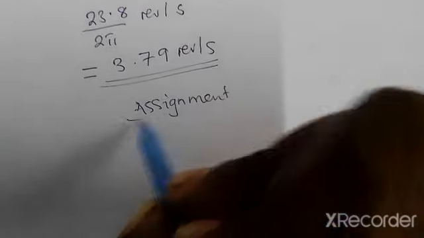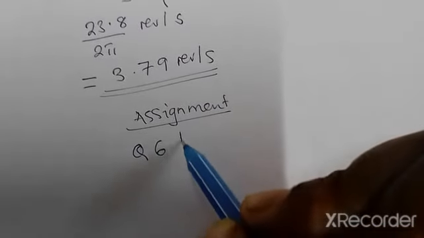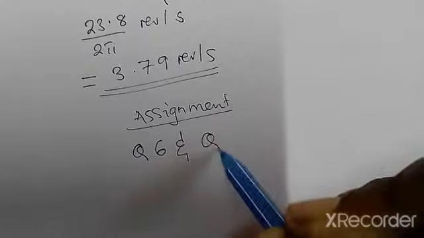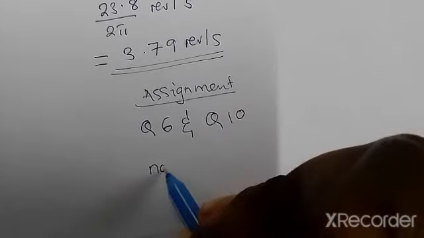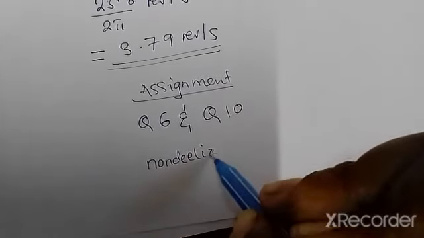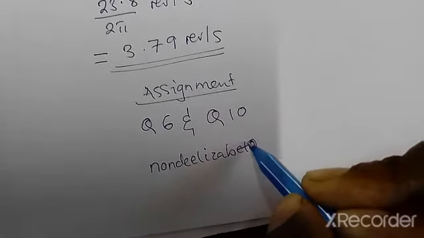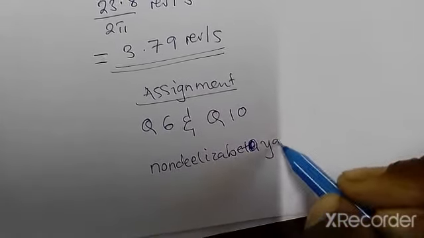You do question 6 and question 10, and then send it via email to Nonde Elizabeth. Everything is in small letters. It's at yahoo.com.